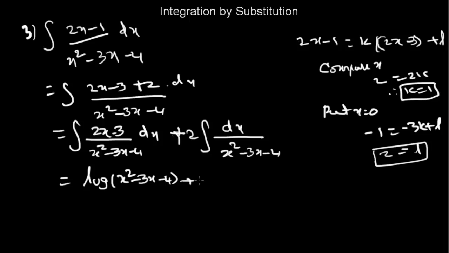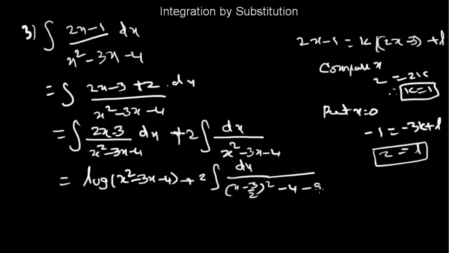Plus, this becomes the type of the problem where you get 2 as it is, integral dx by x squared minus 3x. That is, the coefficient of x is minus 3. Half of that is minus 3 by 2. So (x minus 3 by 2) whole squared minus 4. And then what you have added, when you expand it, 9 by 4 you have added, so you have to subtract 9 by 4.